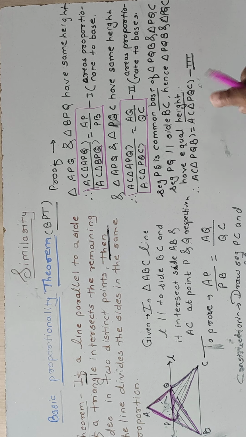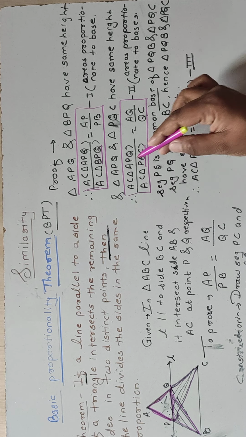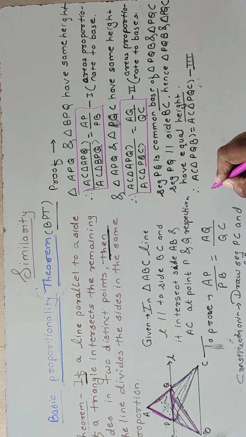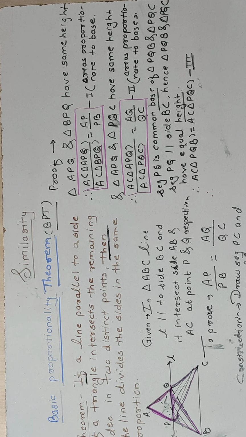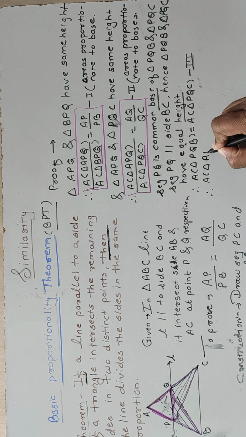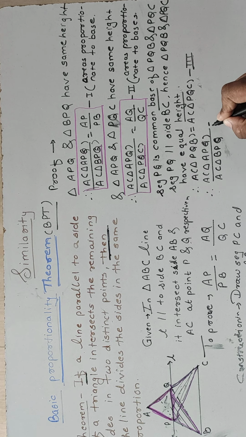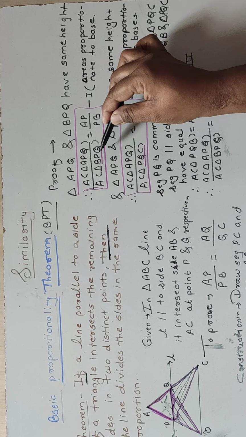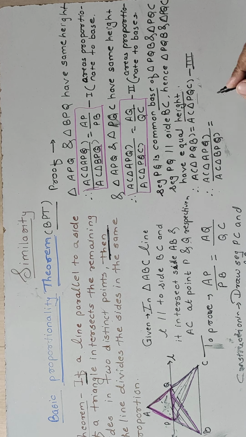So from this, since these two are equal, here we will write area of triangle APQ upon area of triangle BPQ is equal to this side. RHS will be the same because APQ is here and these two triangles are equal to each other.